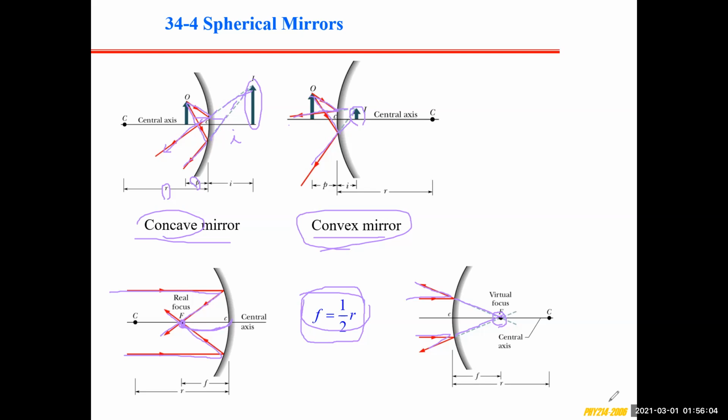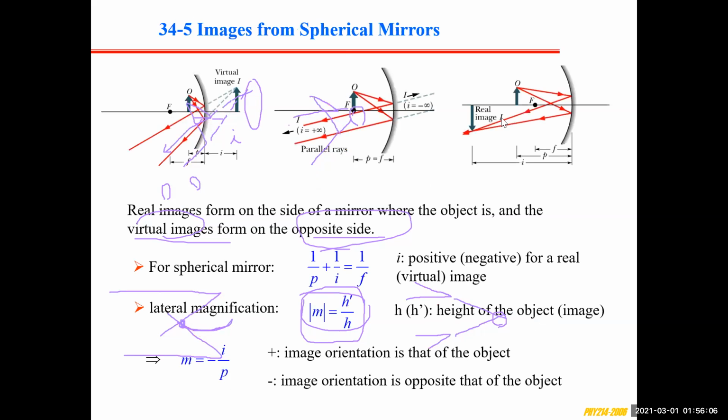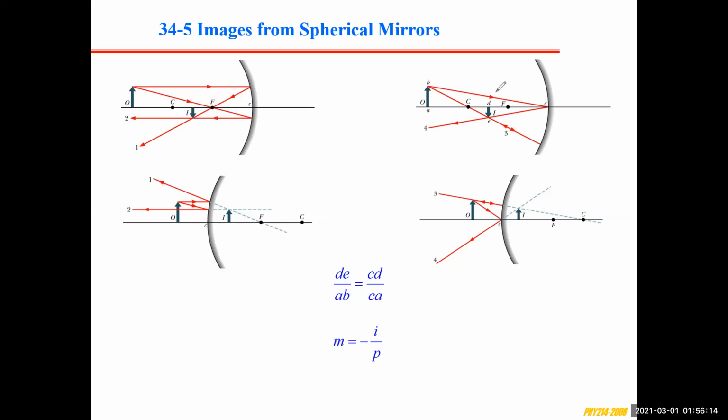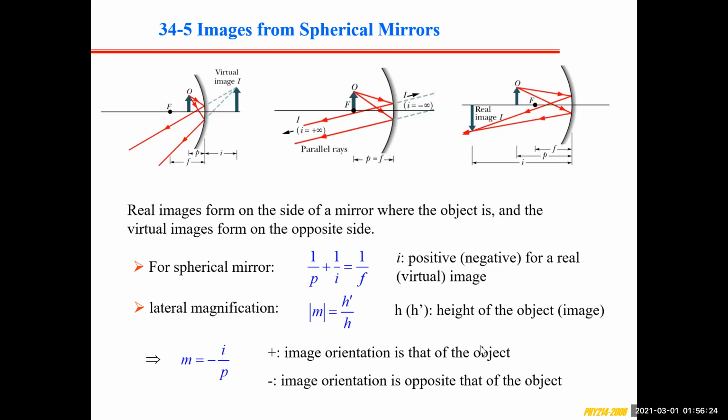Right, so the next thing is, how do we find the images? The previous slide tells you some of how the images are formed, and we can go a little bit further.